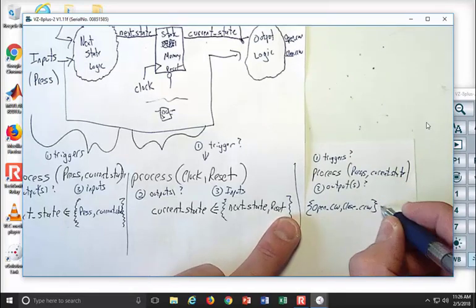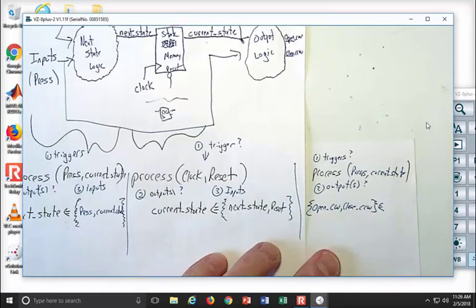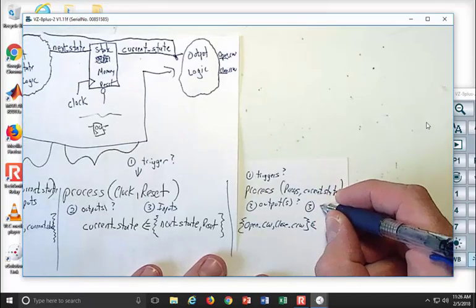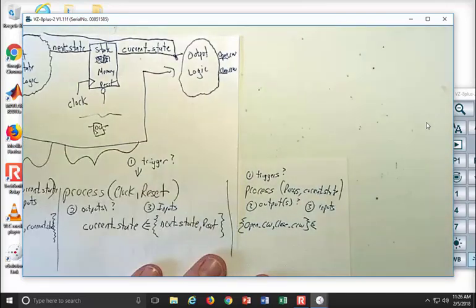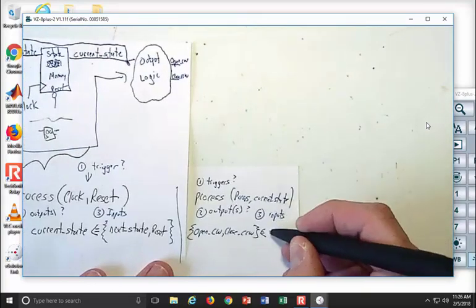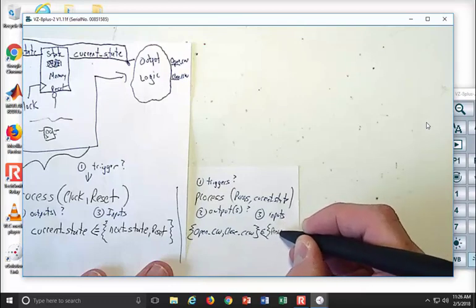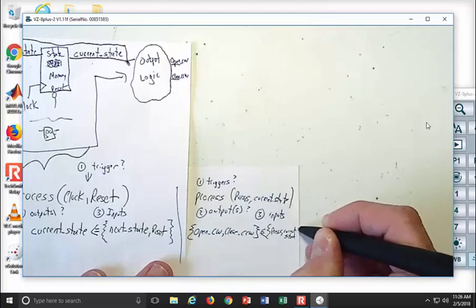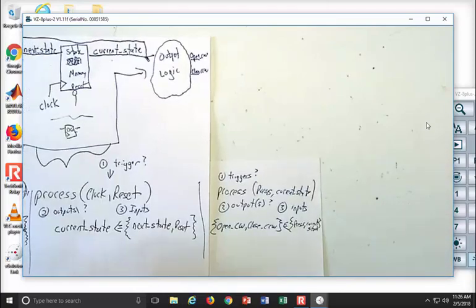Those are my outputs that I'm going to assign to. The last thing we consider is what are the inputs? The inputs are easy because it's combinational logic. That means everybody in the sensitivity list is an input, so that means press and current state. All right, so there we have it.